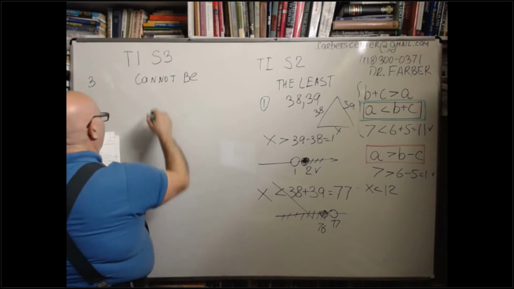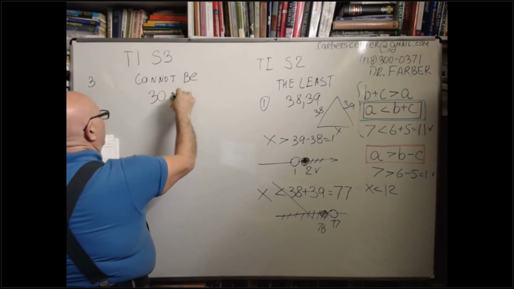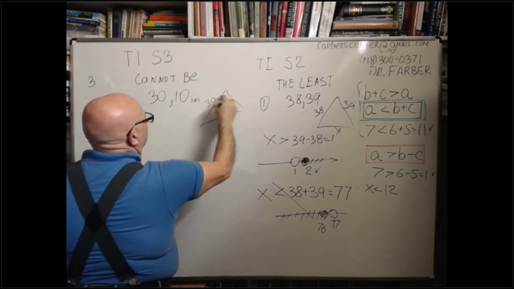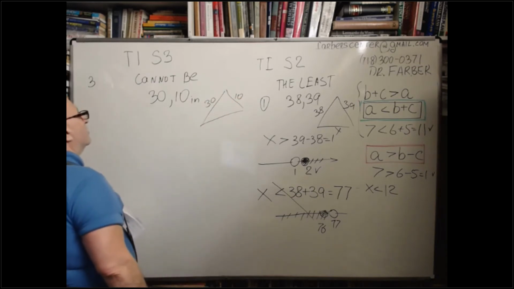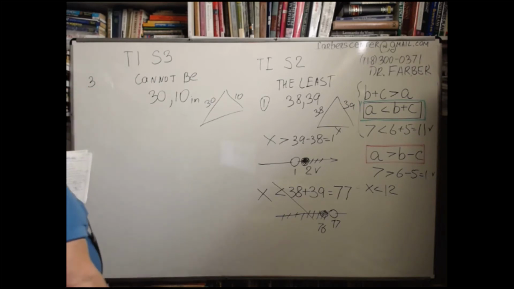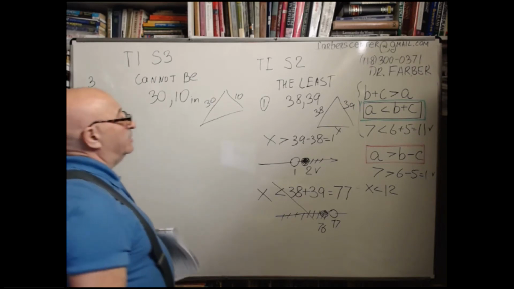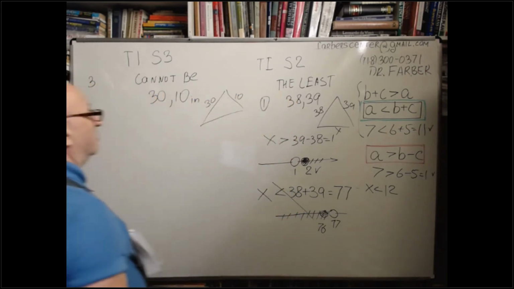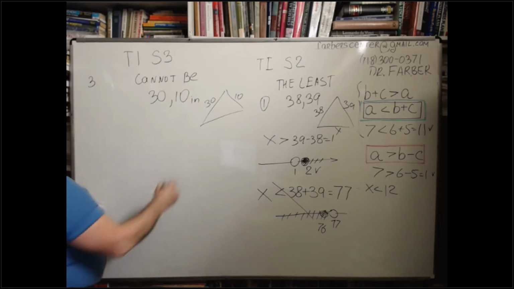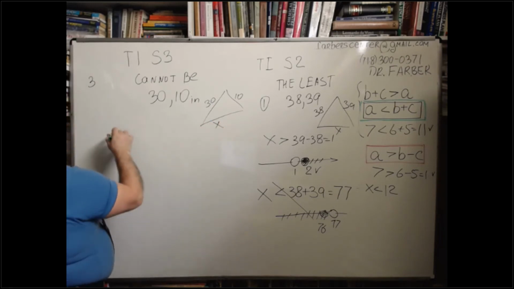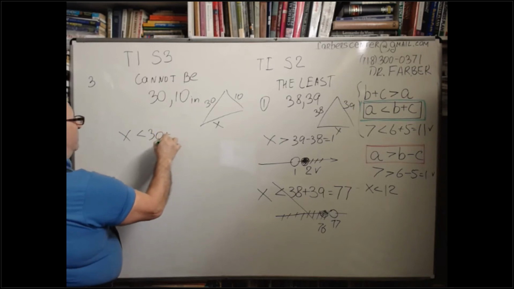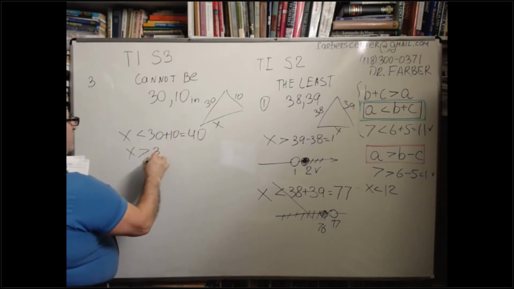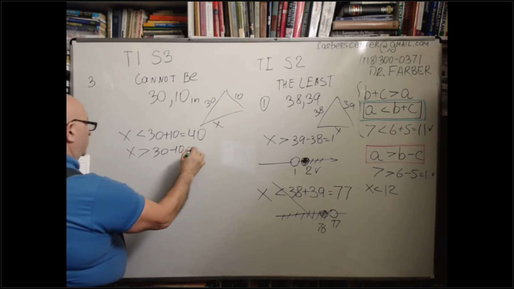If you have 30 and 10 inches, so this is 30, this is 10. Without looking at the multiple choice, I will apply this inequality. Two inequalities. For instance, x is less than 30 plus 10, which is 40, and x is greater than 30 minus 10, which is 20.